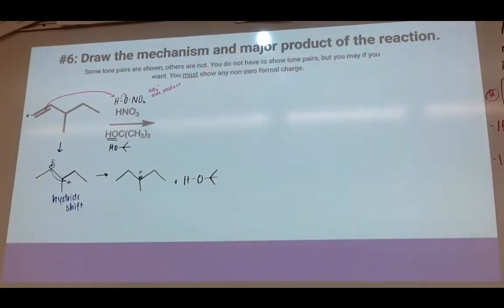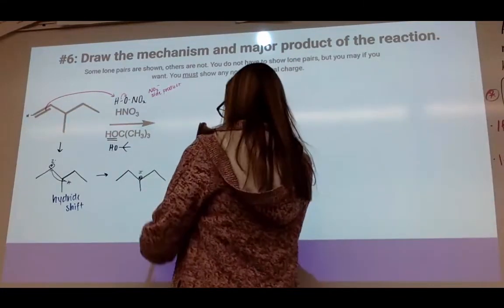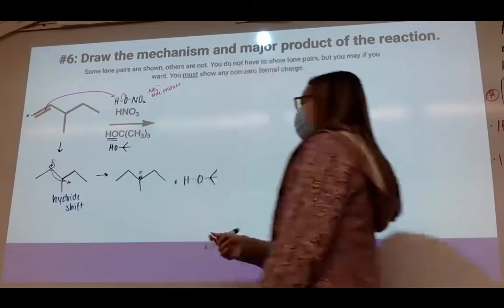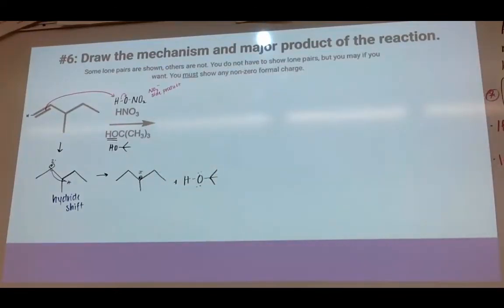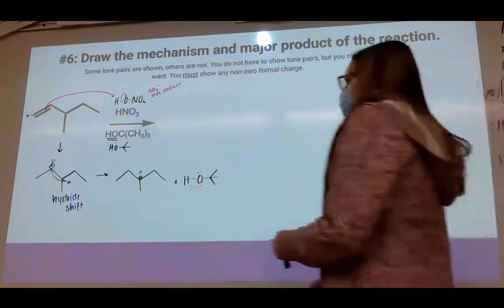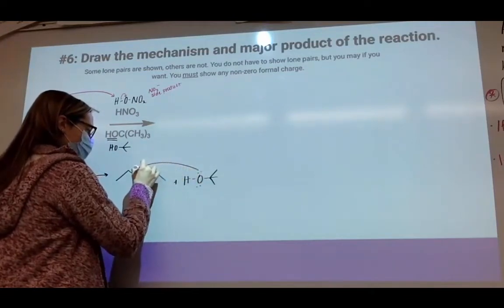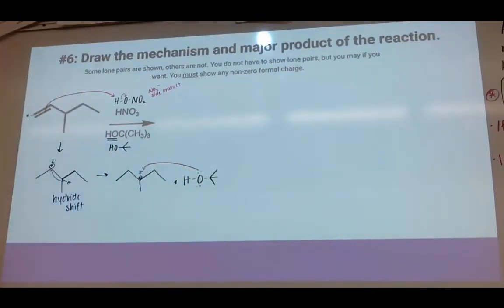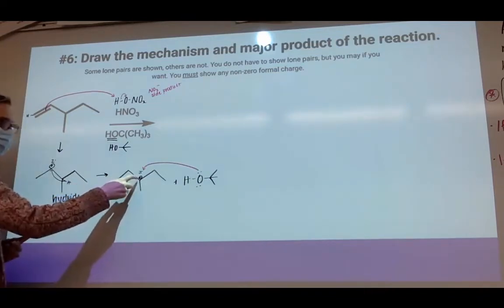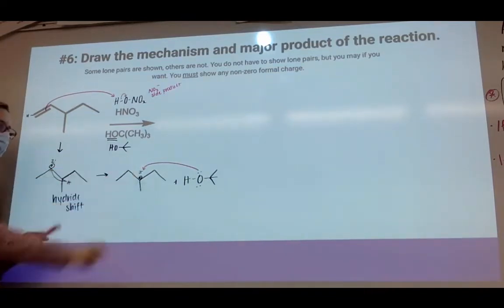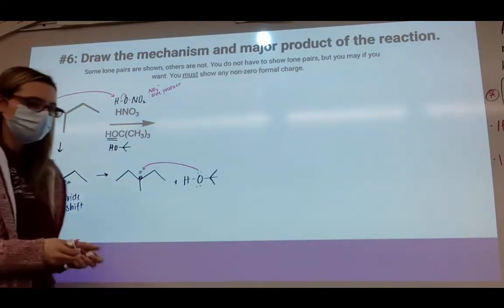Now again, when you have a positive formal charge, that means that it's going to be looking for some negative. Lone pairs are negative. So we have these lone pairs from the alcohol that can go to this positive, so it should go all the way down. I just want to make sure you can still read the tertiary in that positive.